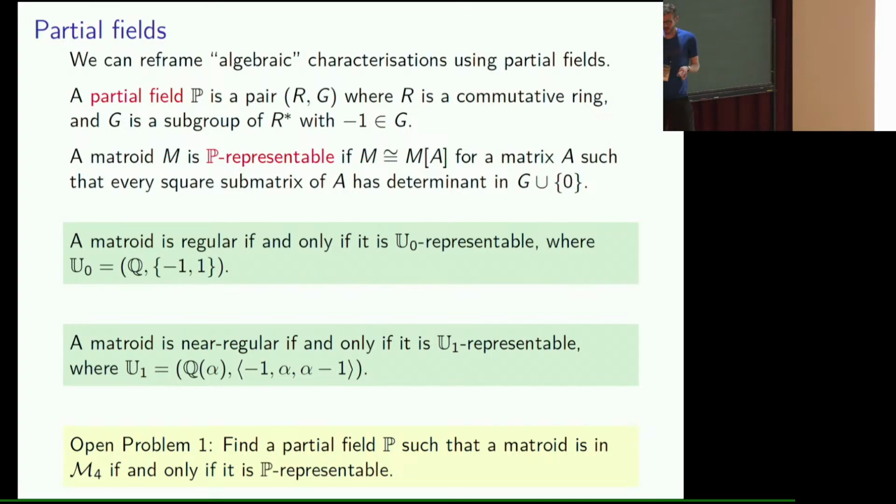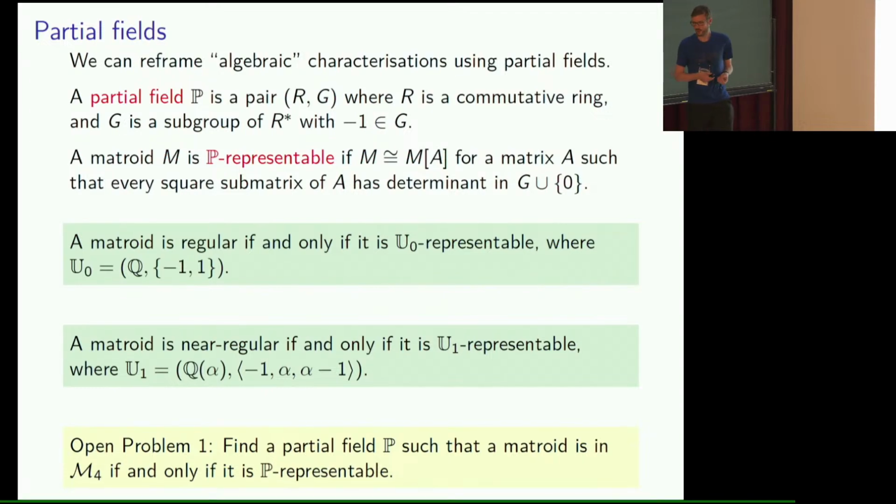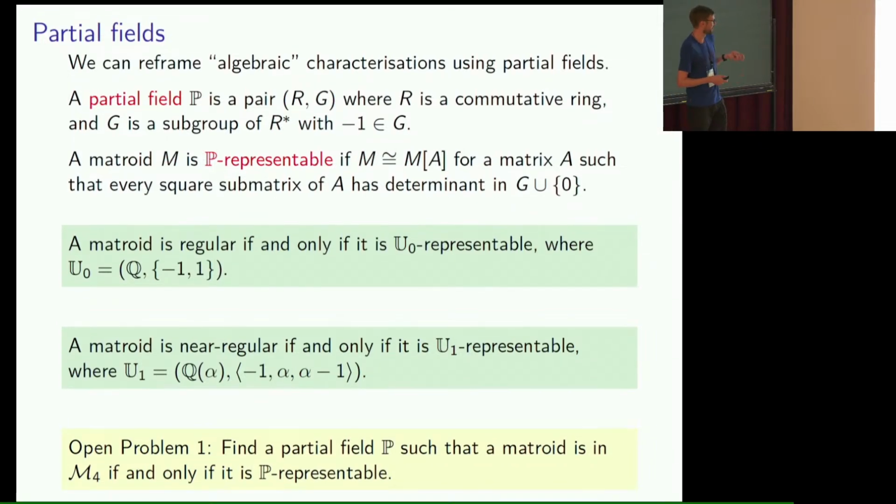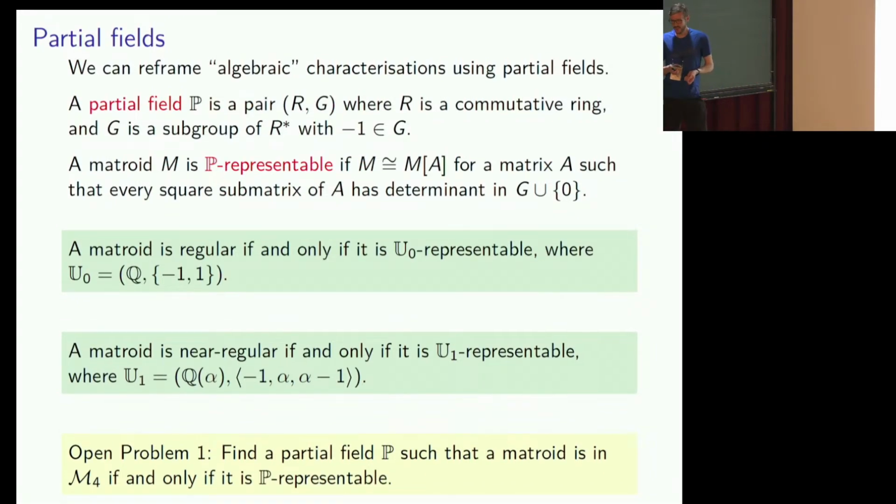For near regular matroids, the partial field now of interest is this one I've called U1 here, with the rationals extended by alpha, and our subdeterminants are members of this group with generators -1, alpha, and alpha - 1. Okay, so now our algebraic characterization is, in other words, trying to find a partial field P such that we're in M4 if and only if we're P-representable.